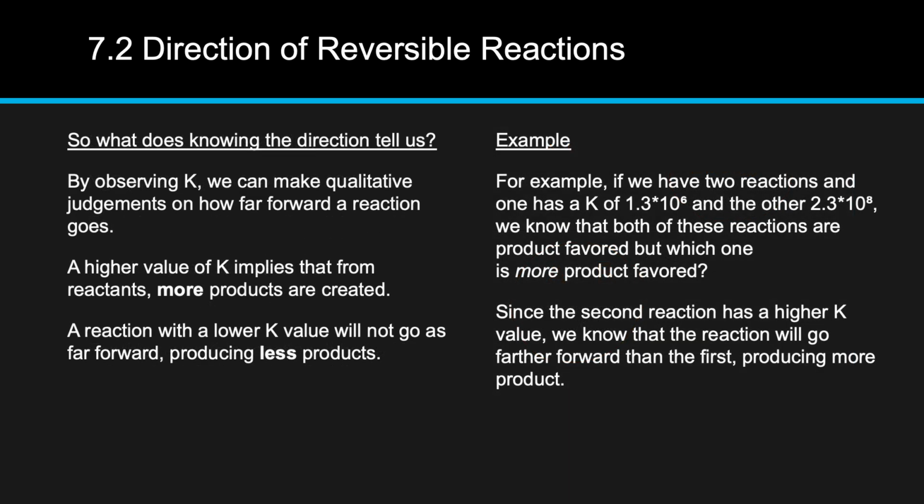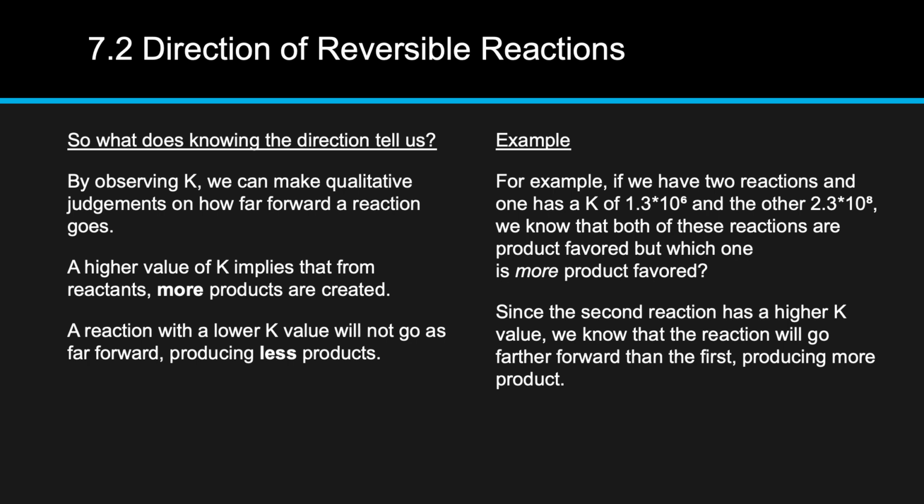So what does knowing the direction tell us? By observing K, we can make qualitative judgments on how far a forward reaction goes. The higher value of K implies that from reactants, more products are created. A reaction with a lower K value will not go as far forward, producing less products.